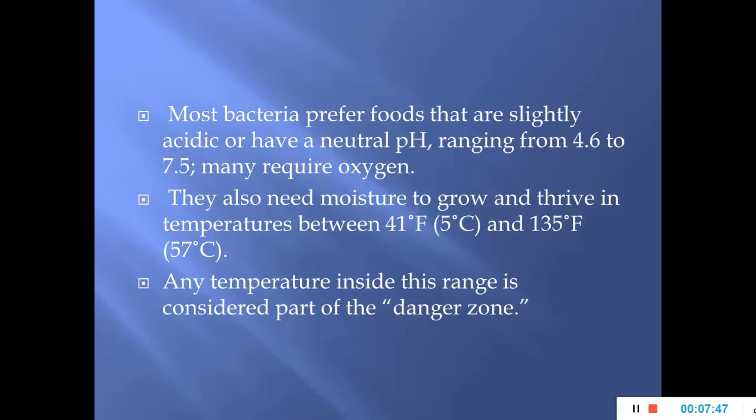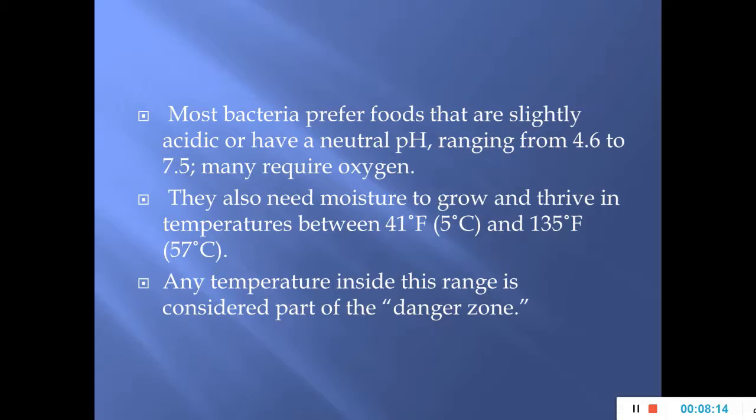Most bacteria prefer foods that are slightly acidic or have a neutral pH, ranging from about 4.6 to 7.5, and many require oxygen. They also need moisture to grow, and they usually thrive at temperatures of about 5 degrees centigrade to 57 degrees centigrade. Any temperature inside this region is considered a danger zone.